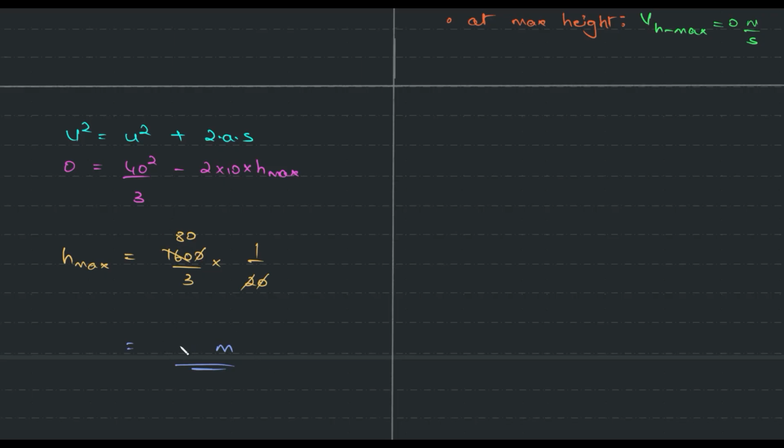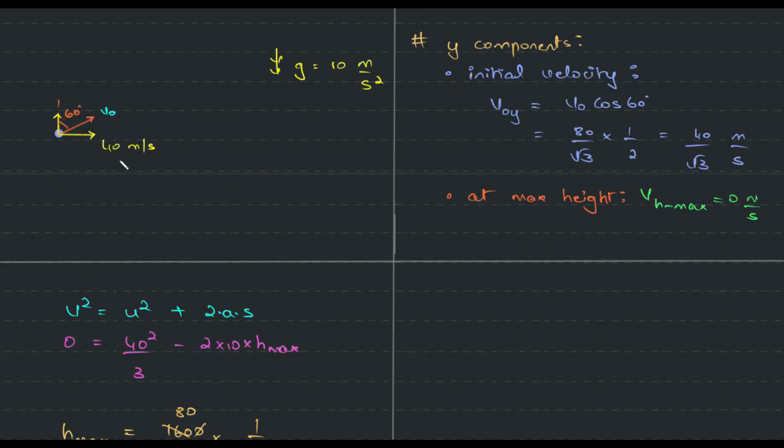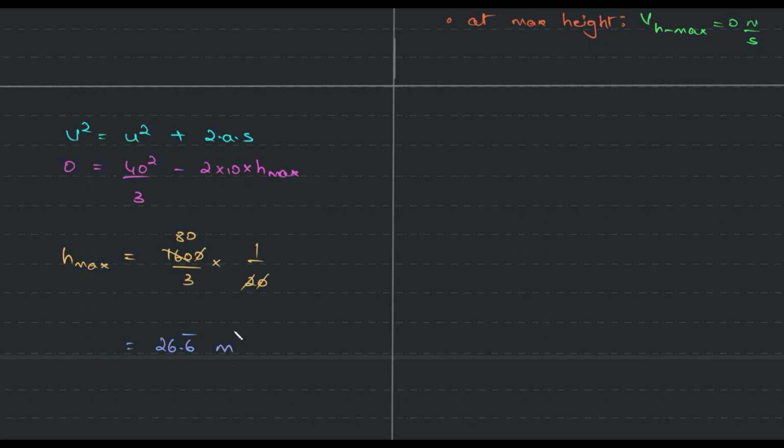So this would be 80 by 3. See, that's how you will figure it out. So 80 by 3 is 26.6. Okay, because the initial velocity is not that big, as in this is 40 and stuff like that. So I thought this is a big number.